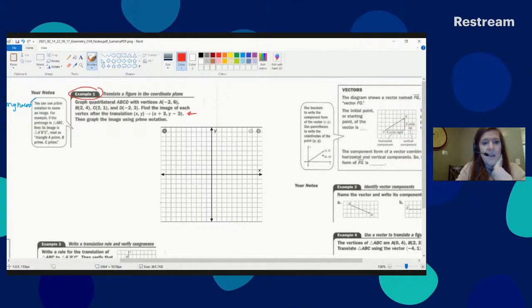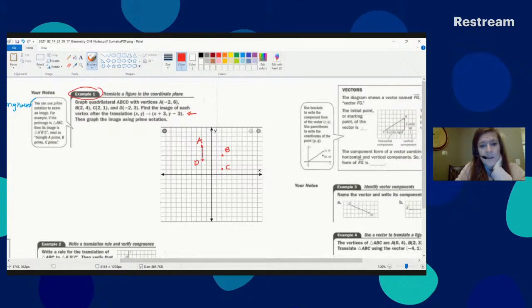So first off, really quickly, we're going to graph quadrilateral ABCD with vertices at these points. A is at -2, 6, which is right here. B is at 2, 4, right here. C is at 2, 1, and D is at -2, 3.